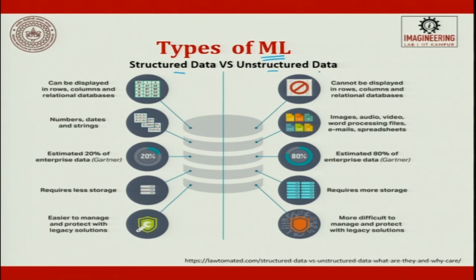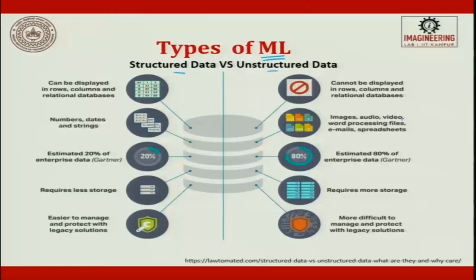When we talk about unstructured data, it cannot be displayed in rows and columns, and relational data is structured, not unstructured. That means you are not able to convert the data into a form such that it can be placed in an Excel format. Images, audio, video, word processing files, emails, spreadsheets, all are part of unstructured data.